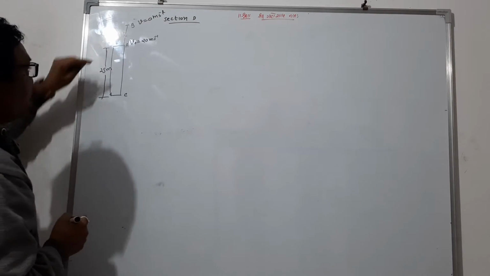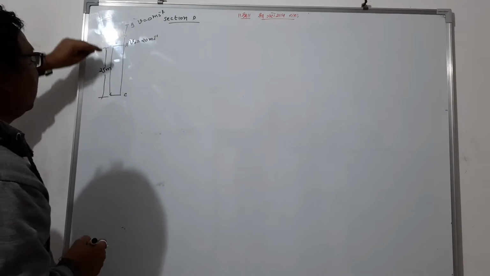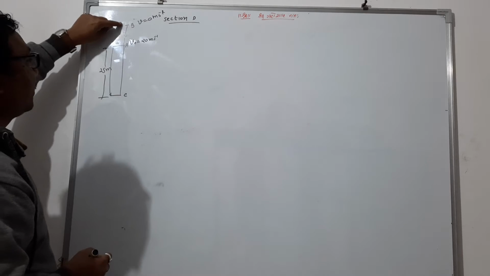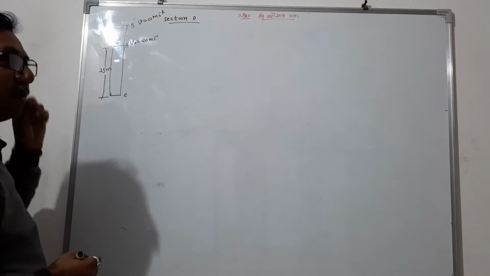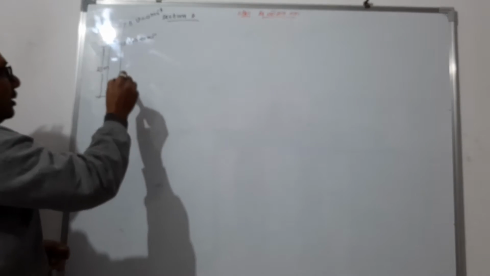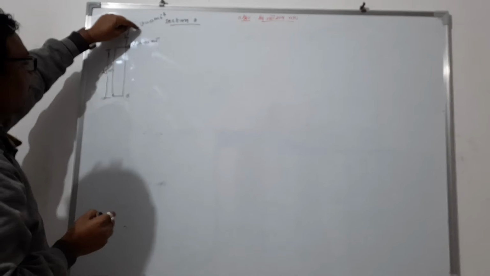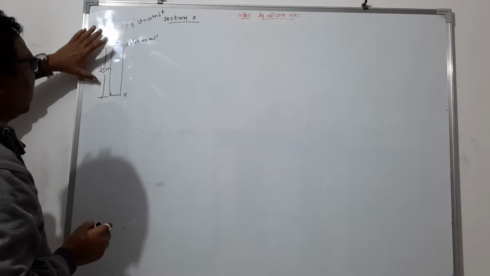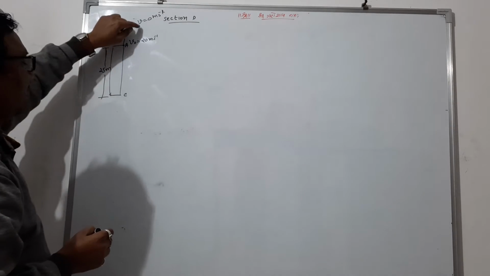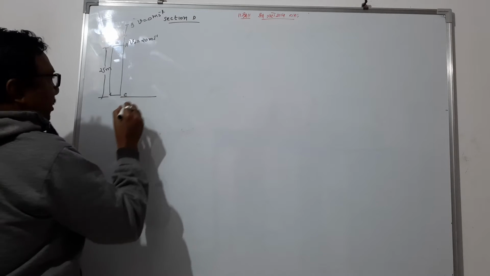First of all we will find this height h, then secondly we will find the time to reach the point B, and third, when it comes to the ground, it has to cover the total height of 25 plus h to reach the ground. So that means this is third.